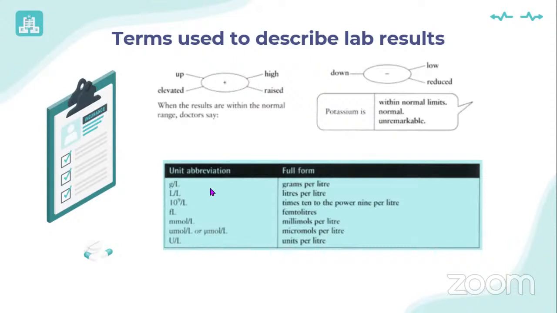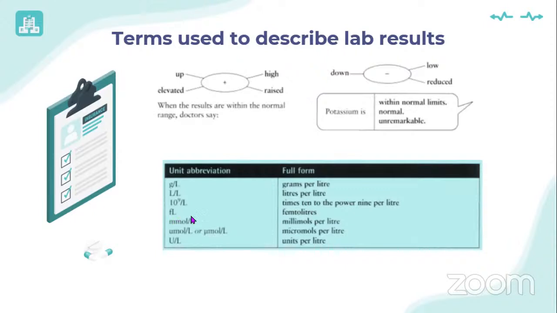And we have some abbreviations here. Unit abbreviation, G/L, and the full form means grams per liter. We have the L/L, and the full form liters per liter. We have this here, okay, and we can read it as times 10 to the power 9 per liter.